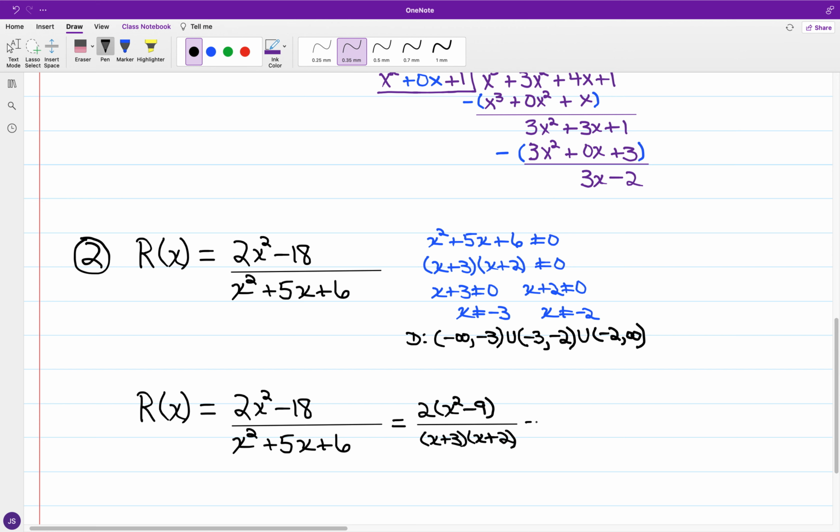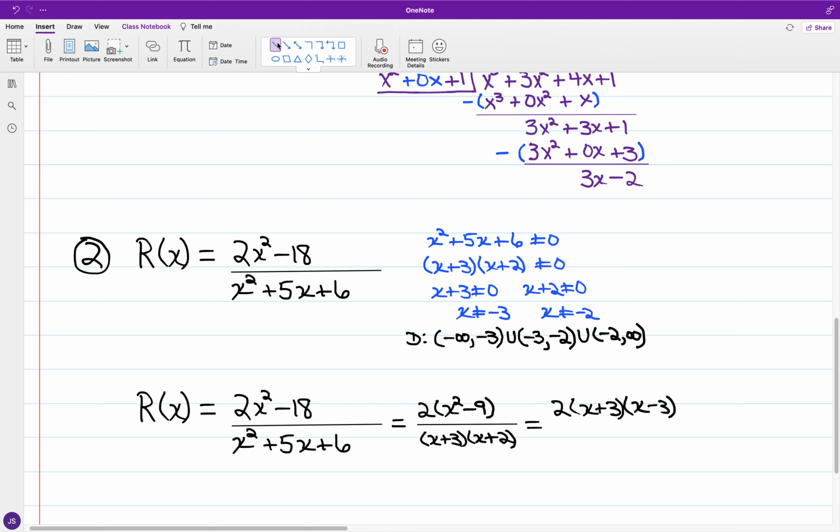And in the numerator, let me take the factorization out once again. We have x squared minus 9 with the difference of squares, and that portion factors into x plus 3 and x minus 3.